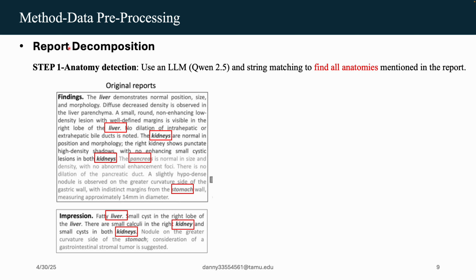So next is the report decomposition. The original reports look like this, and the first step of the decomposition is that they use a language model and string matching to find all anatomies mentioned in the report, such as liver, kidneys, stomach, and so on.